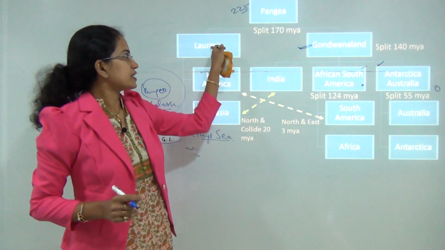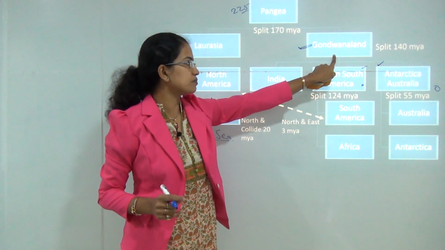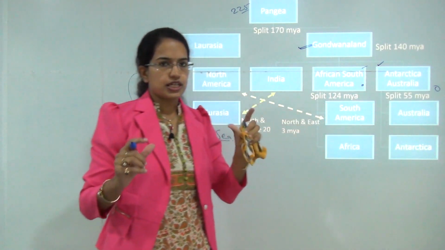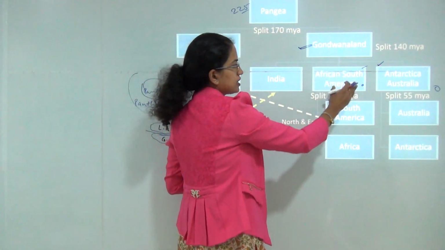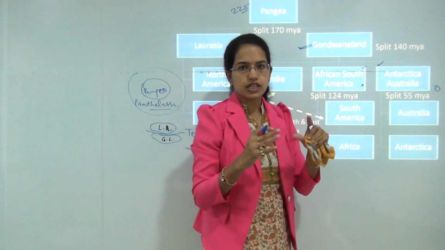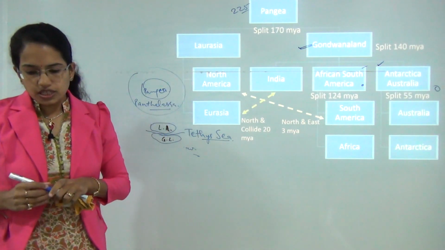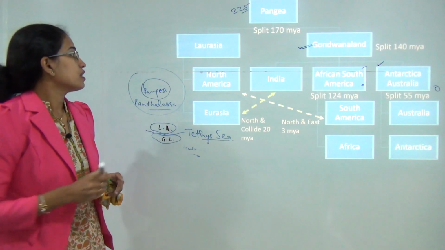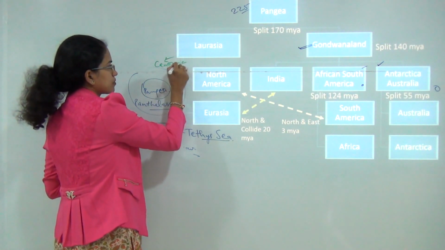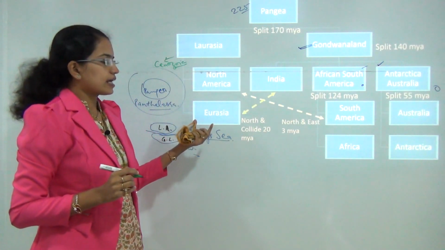In the Jurassic period, it is split into Laurasian and Gondwana, and in the early Cretaceous period, it is split into India, Africa-South America and Antarctica-Australia regions. So in this region, you had African and South American continents that were together, and Antarctica and Australia, that was a common region. Later on, there was a split in the Laurasian landmass, and this was during the Cenozoic time period. And this Laurasian mass split into North America and Eurasia.